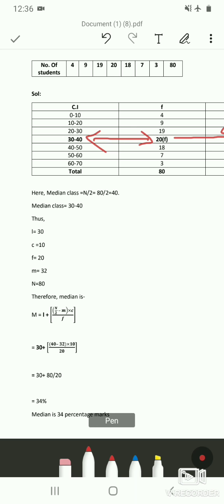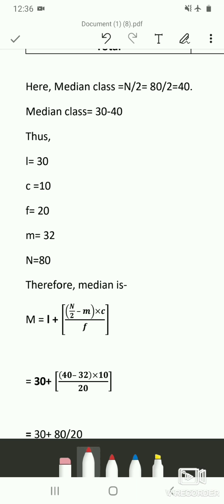Substitute all these values in your formula. L is the lower limit, which is 30. C is the width, that is 10. f is the frequency corresponding to the median class, and m is the cumulative frequency of the class which precedes the median class.